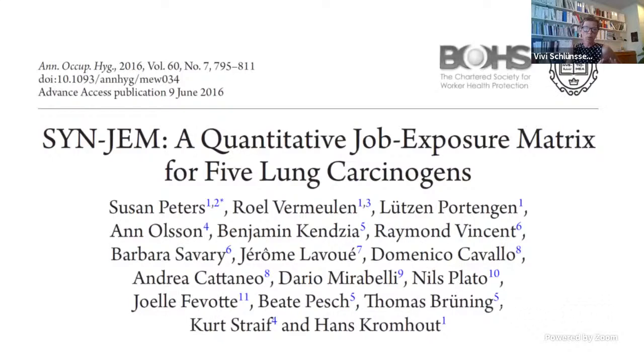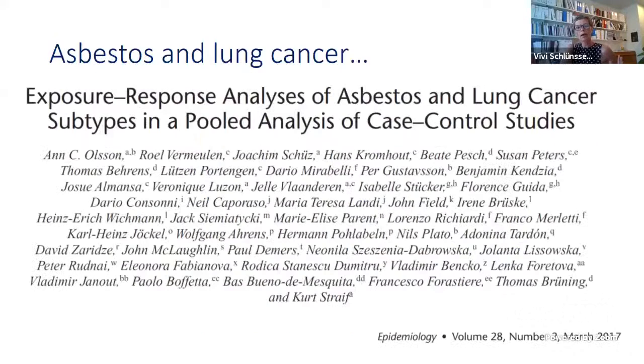The next example is about asbestos. In this asbestos quantitative job exposure matrix, Susan and colleagues included nearly 30,000 measurements. What they were able to do in this study, where they looked at exposure response analysis of asbestos and lung cancer, was to provide very detailed information and also information on different subgroups.